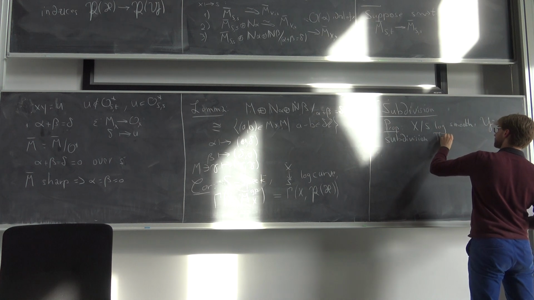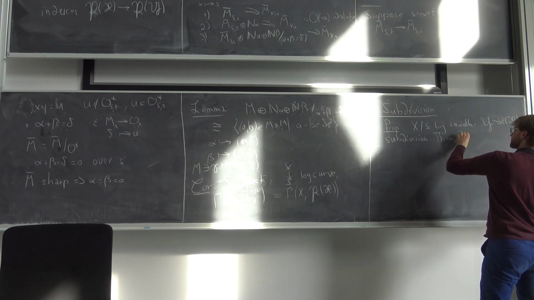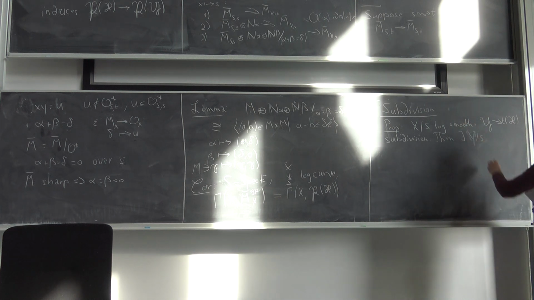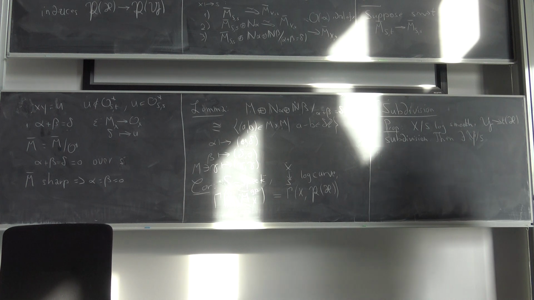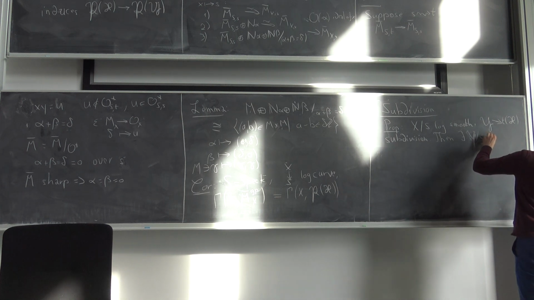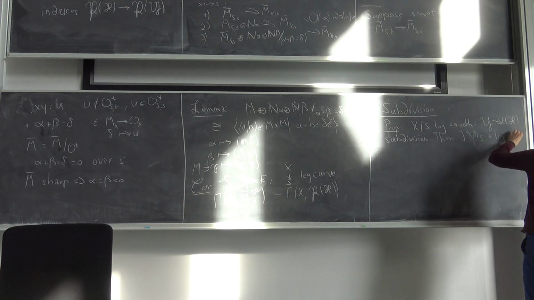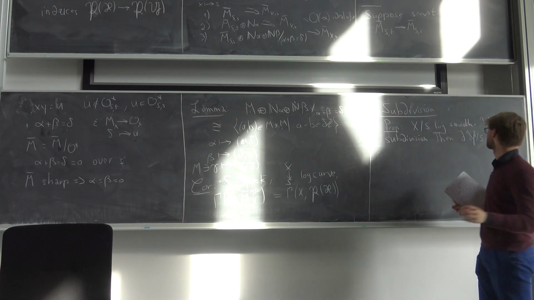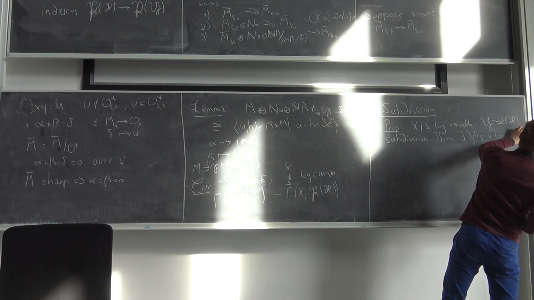Then there exists a log smooth Y over S, which is a logarithmic modification of X. I don't think we've seen that, so I'll show you in the proof what it actually is. Although this is the part of my talk I understand least, so if you have comments, please give any.